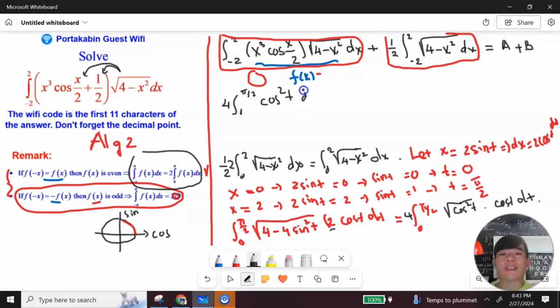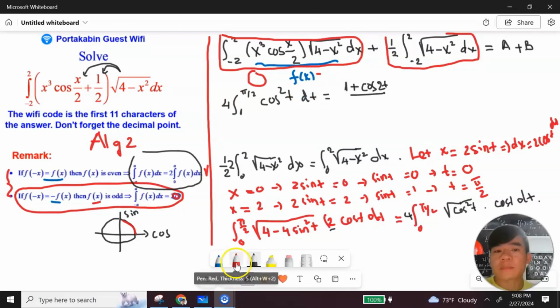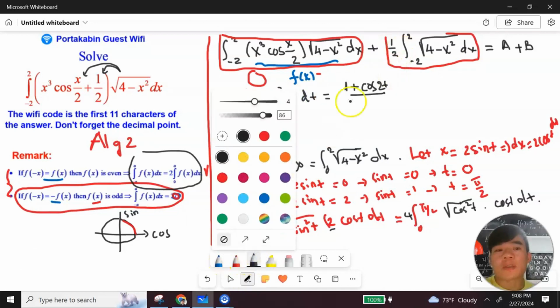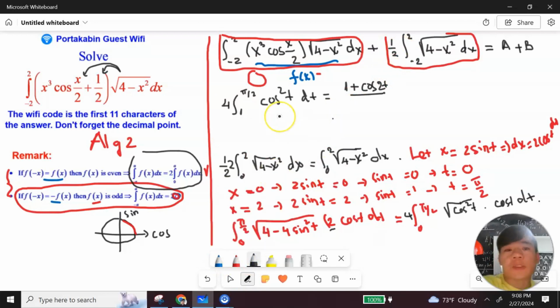Cosine square t equals 1 plus cosine 2t over 2, so it's going to be the integral from 0 to pi over 2, and you add 4 right here, times 1 plus cosine 2t over 2 dt. Now 4 and 2 cancel out, so I have 2 left.